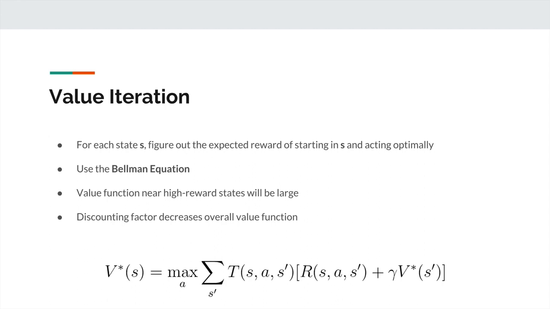Now this equation at the bottom looks kind of messy, but I'm going to explain it in more detail in the next slide here. So just be patient with this.